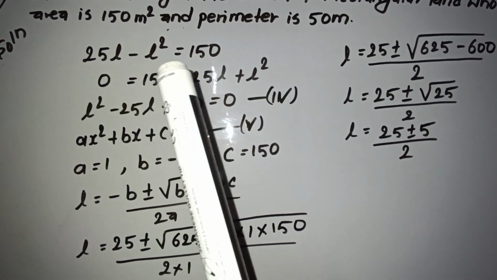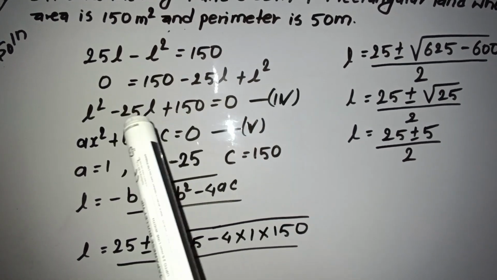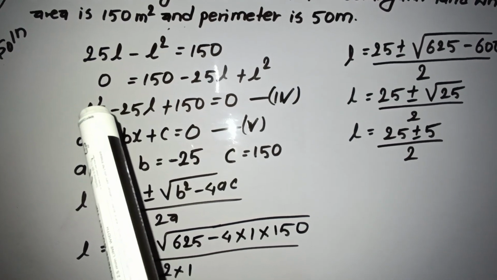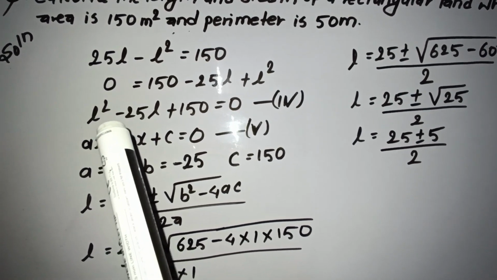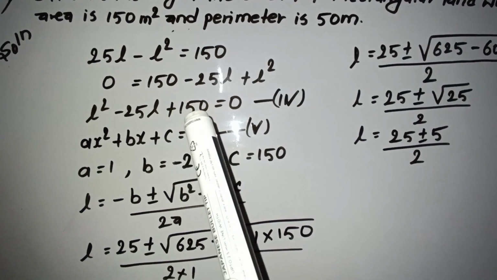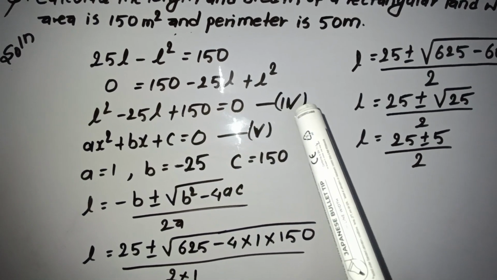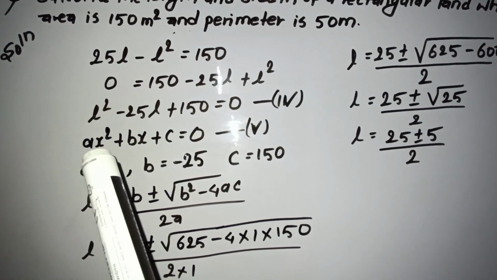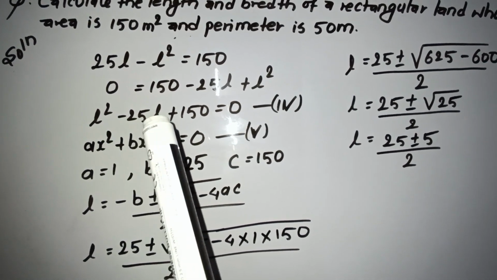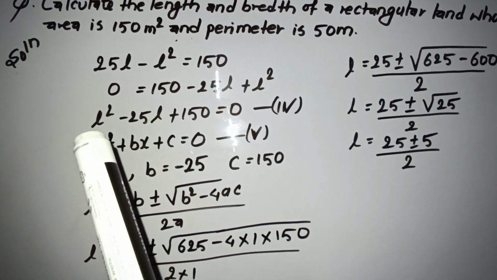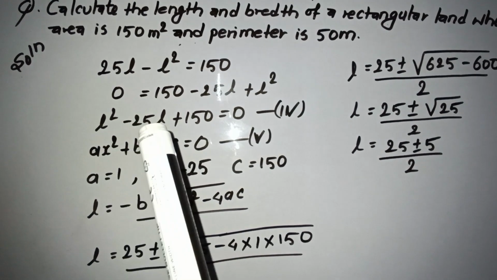And we took this to a single side and made a quadratic equation, that is L square minus 25L plus 150 equals 0. This is equation 4, and we cannot easily factorize this, so we use the formula to solve this quadratic equation.